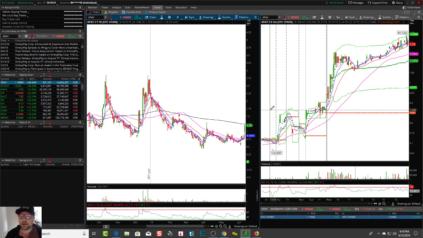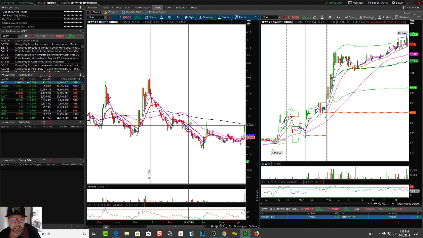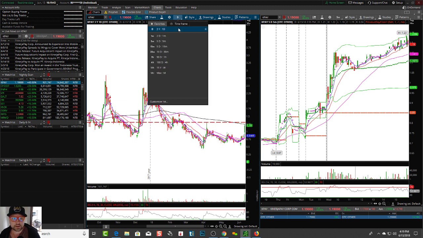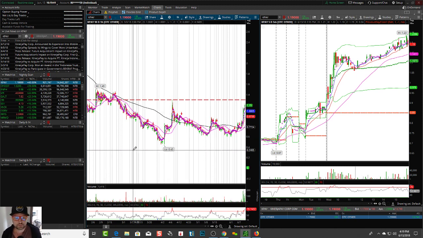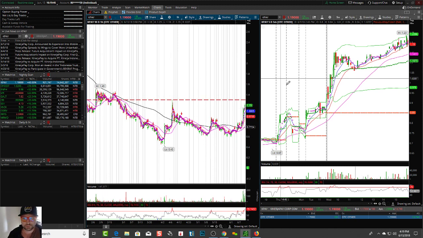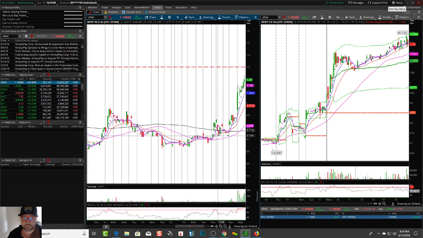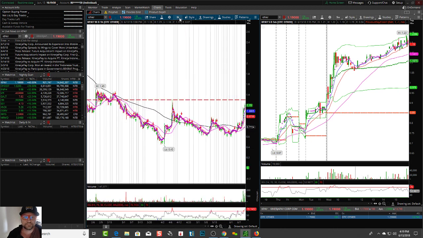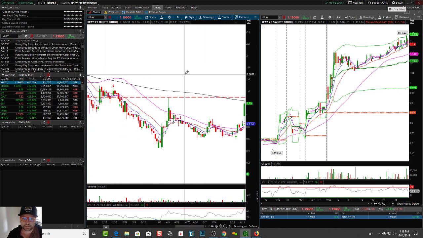All right, so KPAY. With this one, you want to see it get above that 130-ish area. Let's take a look at the hourly chart. Do I like it? It's right at resistance, pulling back. It is holding its highs, or is that about that 123-ish area?